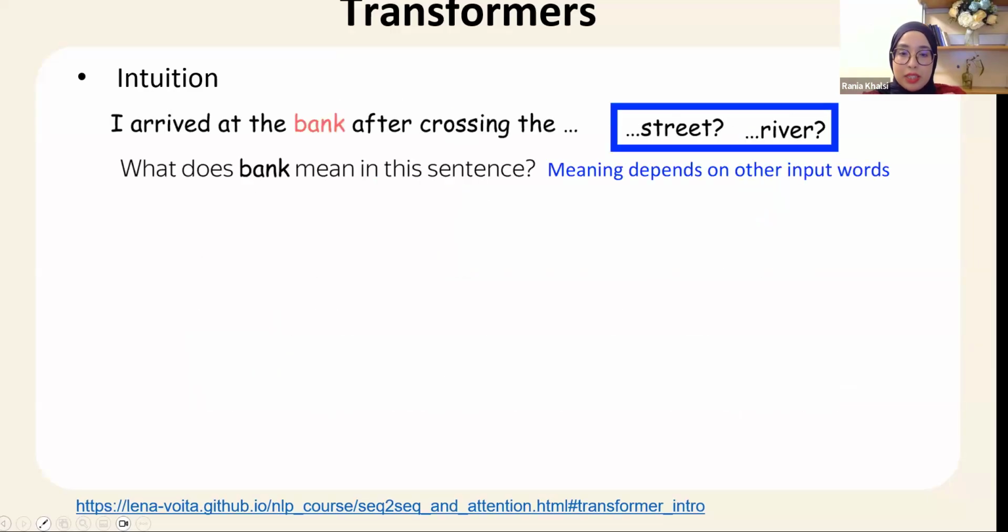Whether the missing word is street or river depends entirely on the meaning conveyed by the rest of the sentence.